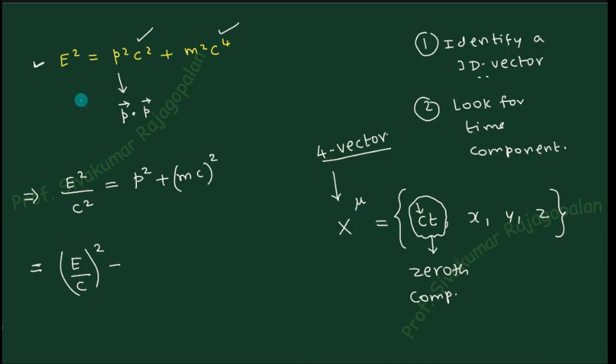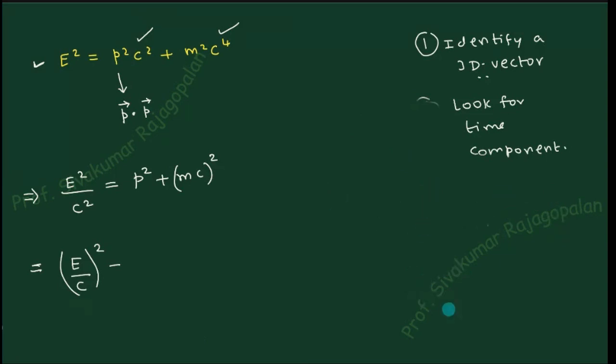So now you should remember the plan of our rewriting this equation. Somehow we have to manipulate in such a way that one component will contain time or the speed of light, whatever it is. Speed of light will come all the time, and somehow you have to identify the usual 3D vector. That is the plan. Let us see how to manipulate this. So for that I'll delete this.